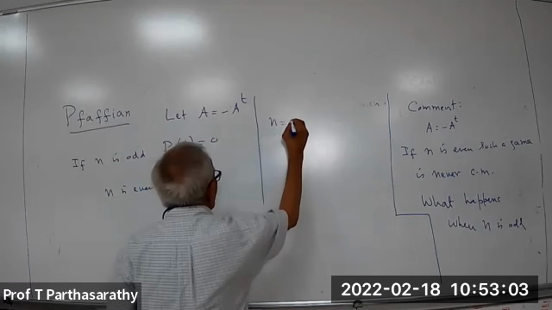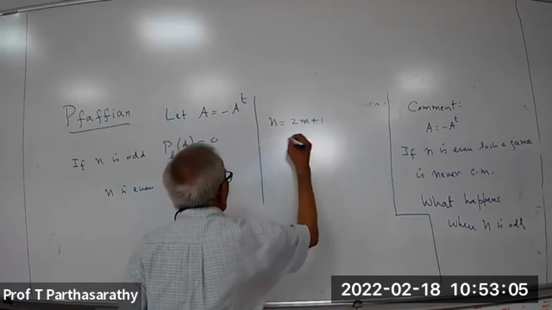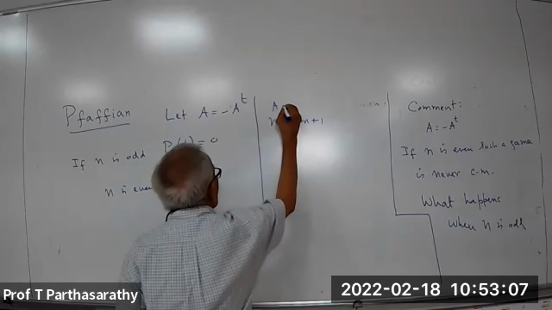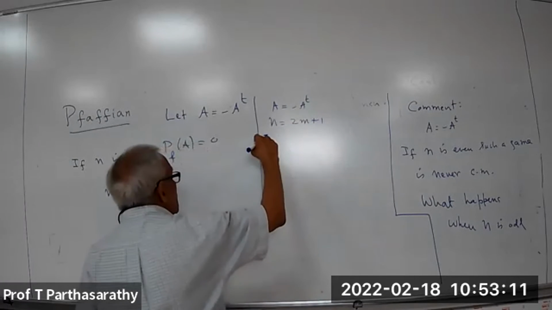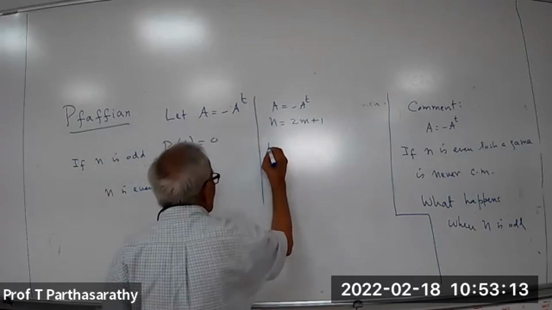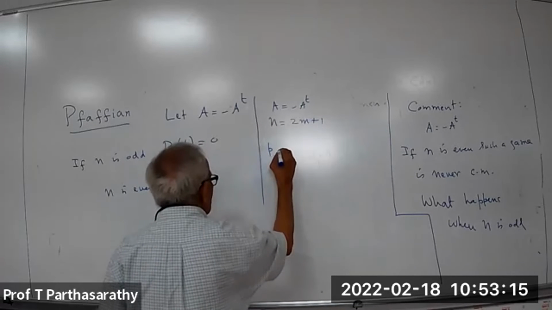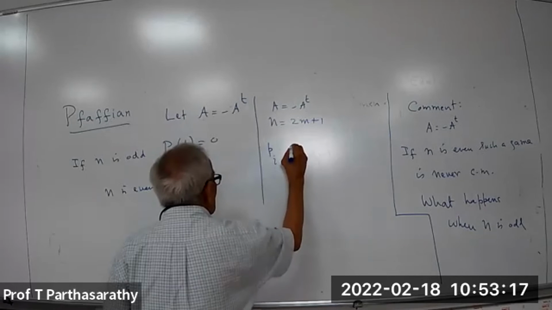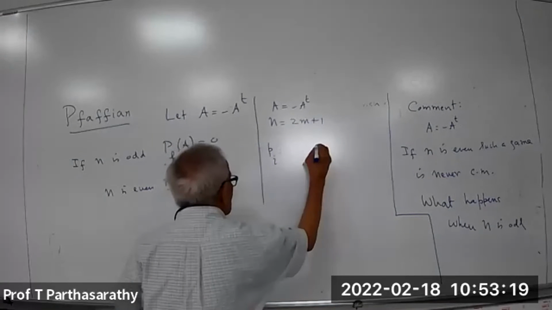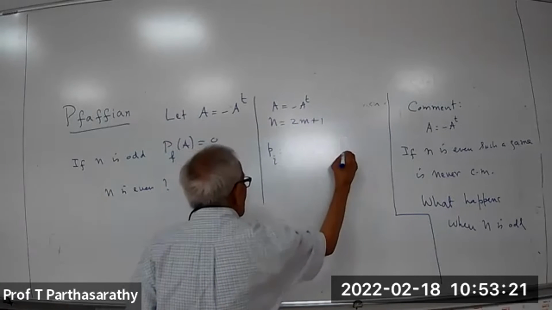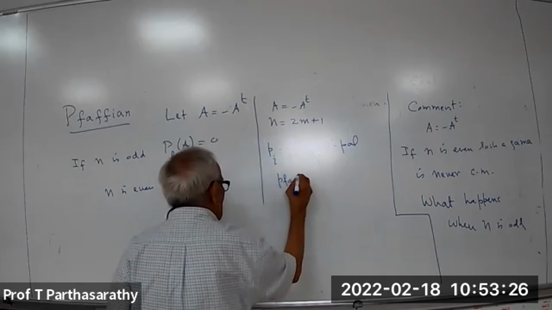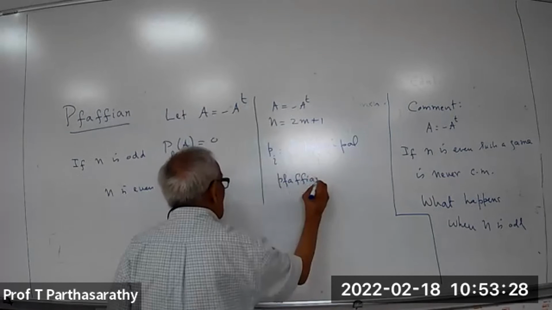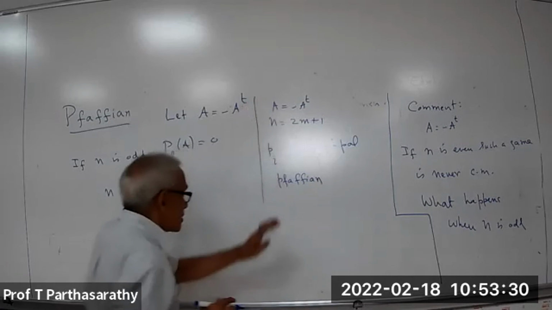n is of the type 2m plus 1, odd, and A is equal to minus A transpose. I'm going to define Pi, which is simply the ith principal Pfaffian corresponding to the skew symmetric matrix.